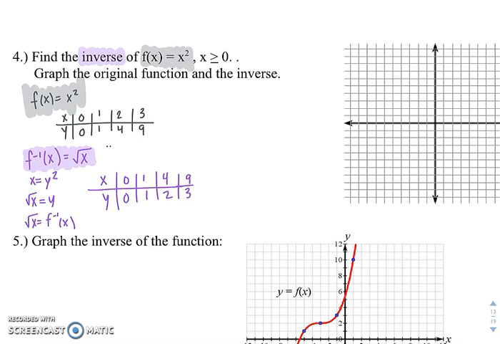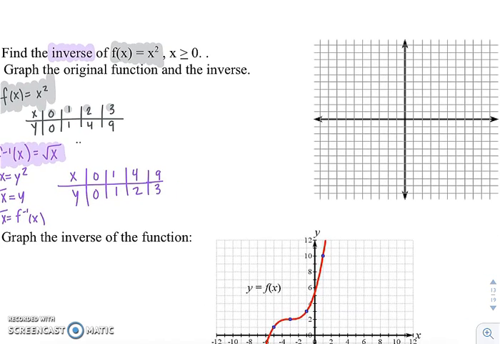So if just given that original f of x equals x squared, if you plug in 0, 0 squared gives you 0 for y. 1 squared is 1, 2 squared is 4, 3 squared is 9. So that's where I got those values from.